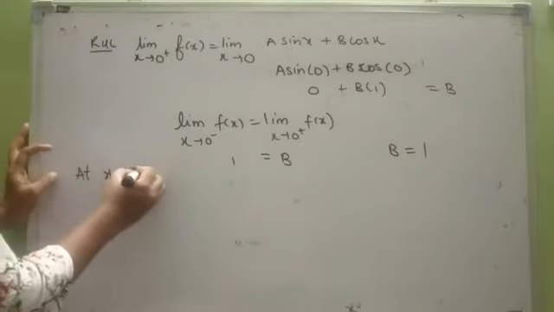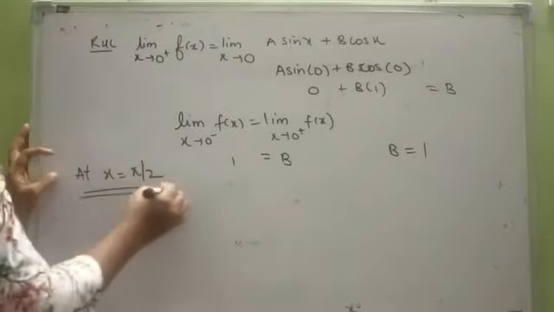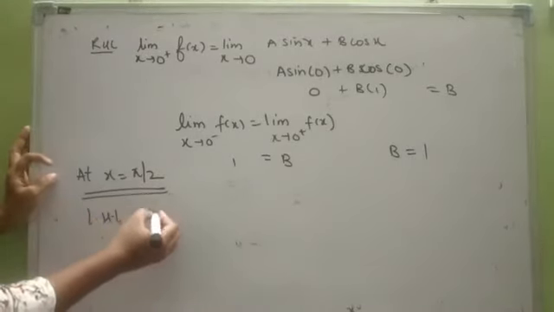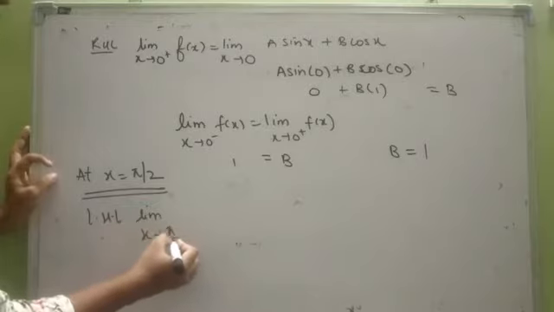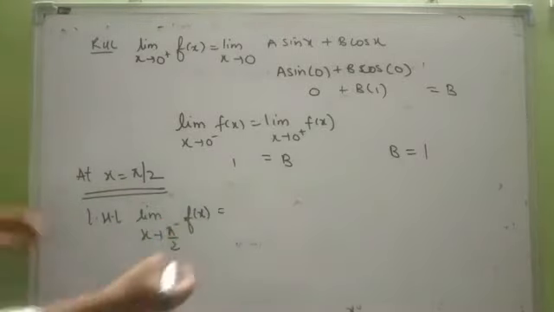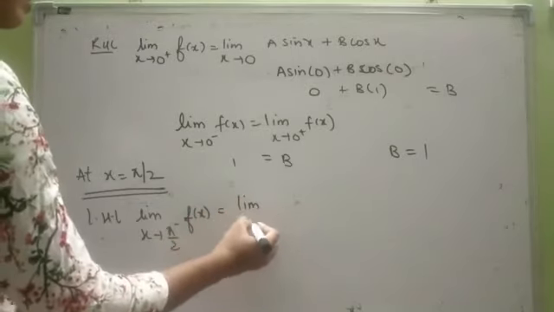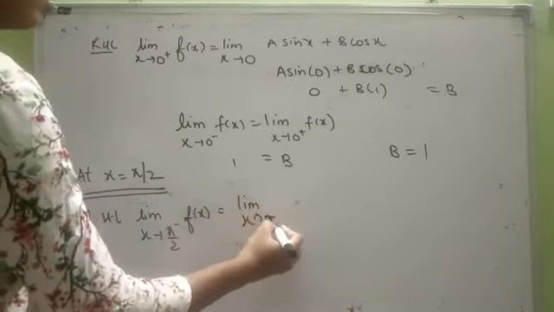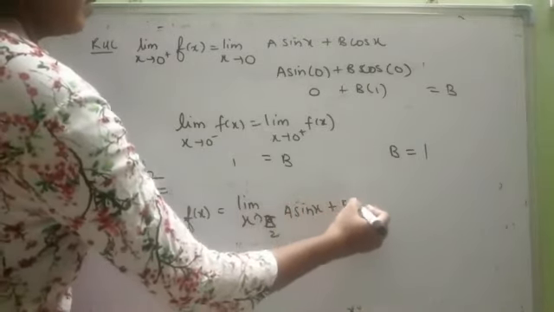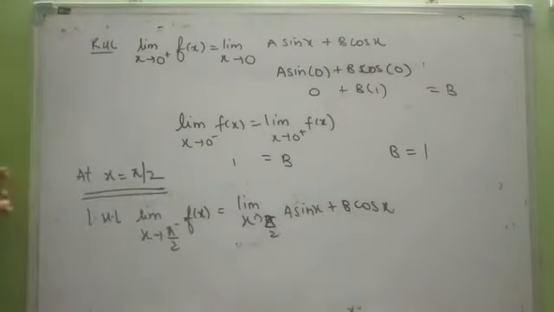Now at x is equal to pi by 2, we'll find the left hand limit. So check the x is less than pi by 2. So that will be the same thing, a sin x plus b cos x.